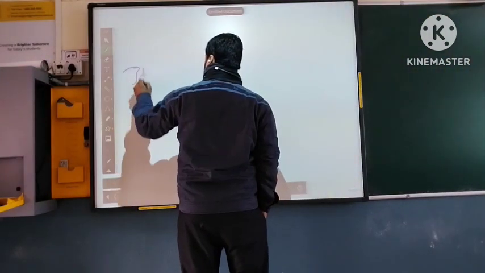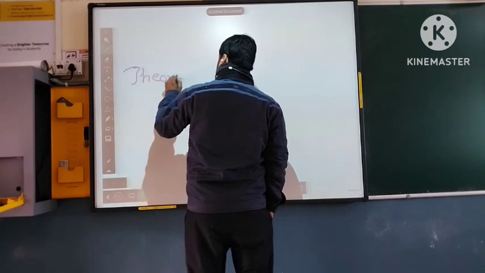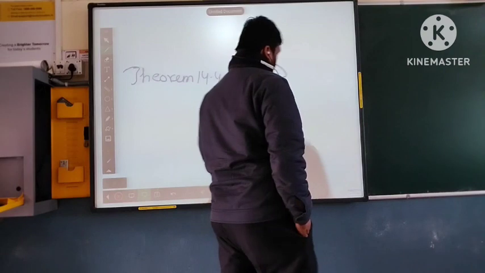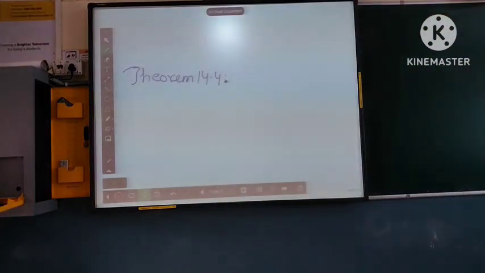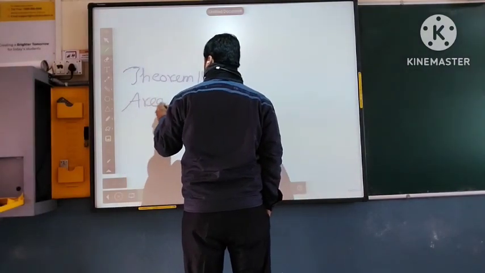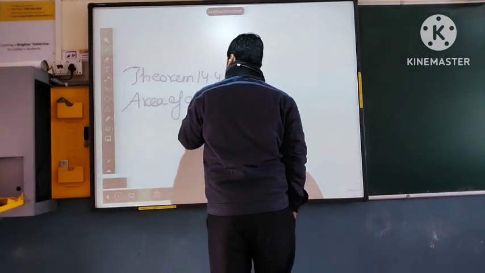Next is theorem 14.4. And see, in between there are converse of theorems also that are also true. You already know when forward is true, the reverse also is true. Now what is theorem 14.4?